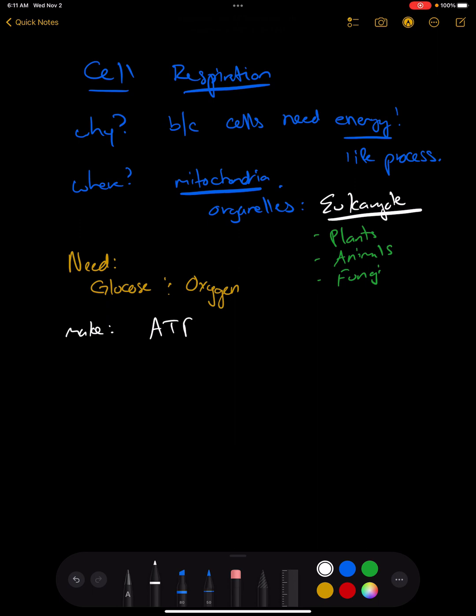I'm making ATP, which is our big take-home thing because ATP is energy, but I'm also going to make carbon dioxide and water. Because these are things I'm making but don't actually need, they are called a byproduct, okay?